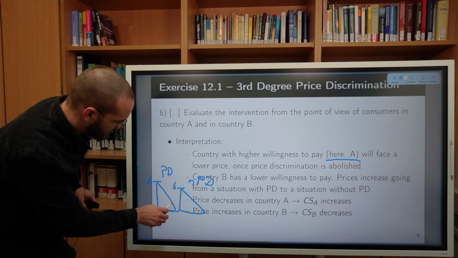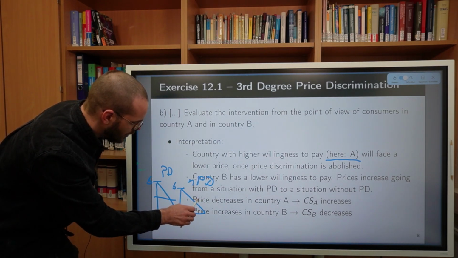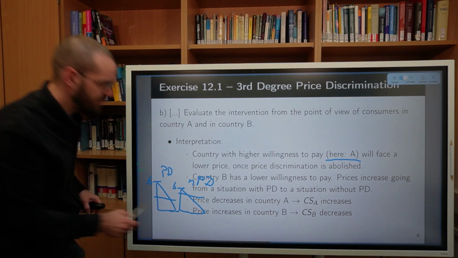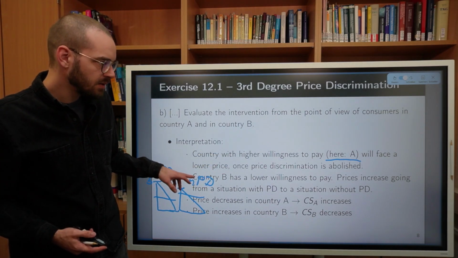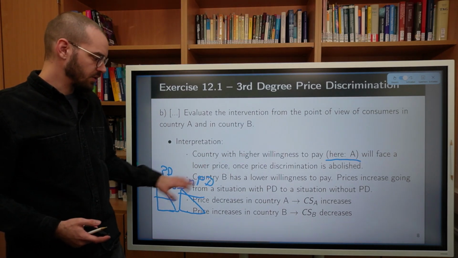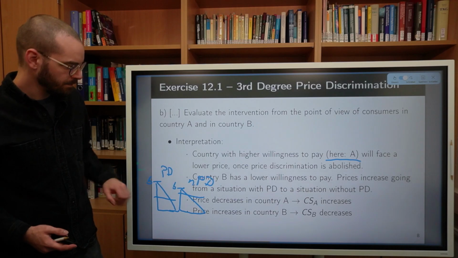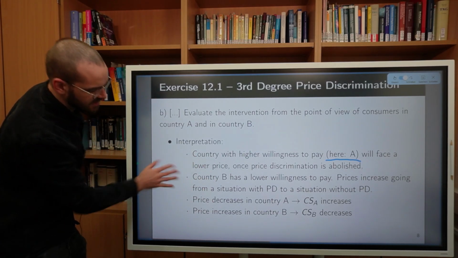So with price discrimination we have some lower prices, and when there is no price discrimination, we will have a larger price increase going from a situation with price discrimination to a situation without price discrimination. All right, so because this is in the way, let me just quickly erase this.